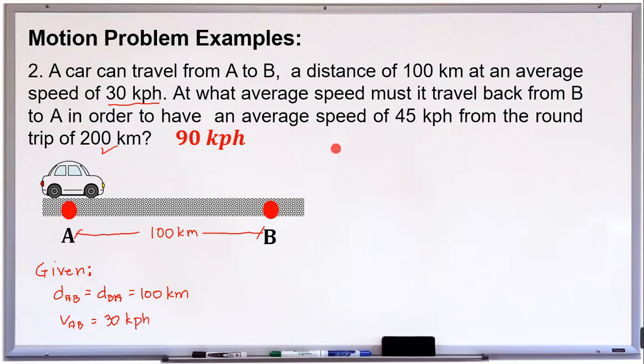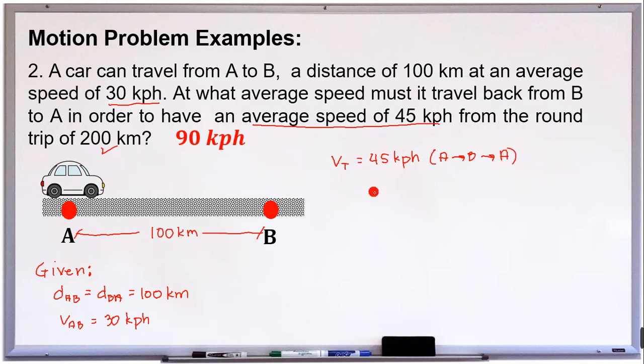Next, we also have an average speed of 45 kilometers per hour for the round trip. So we can represent that as the total average speed, V sub T, which would be 45 kilometers per hour. This is in going from A to B and then back to A.